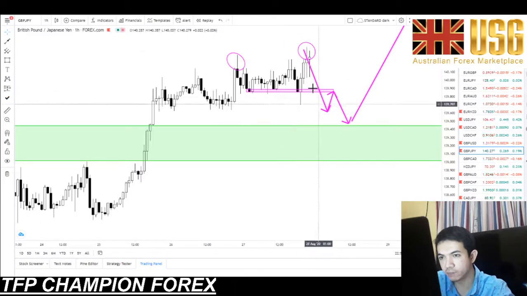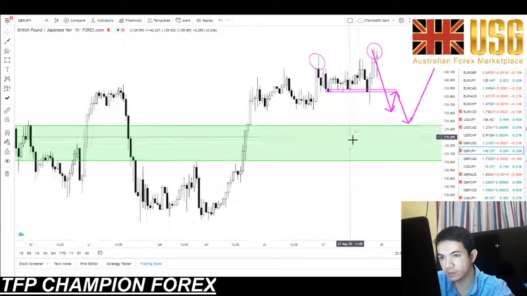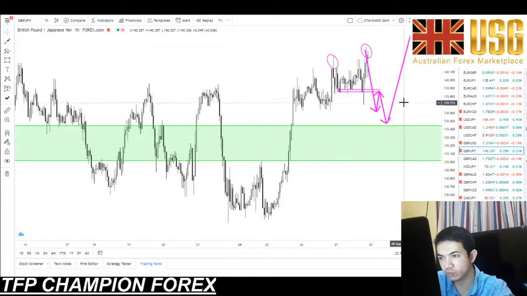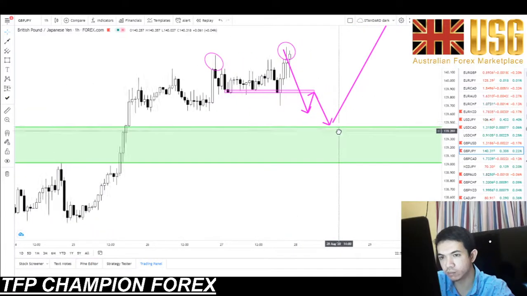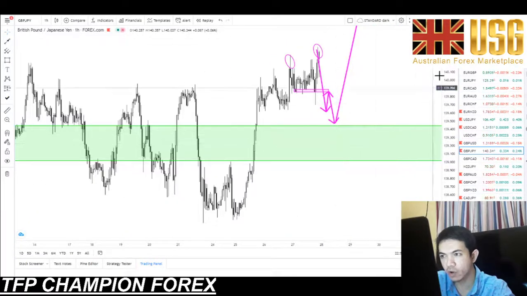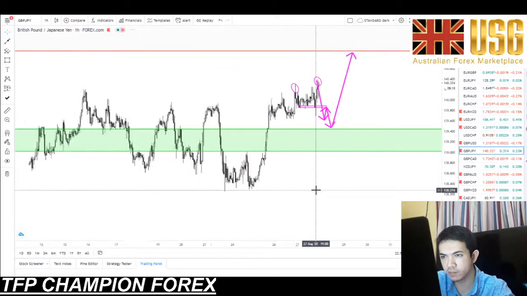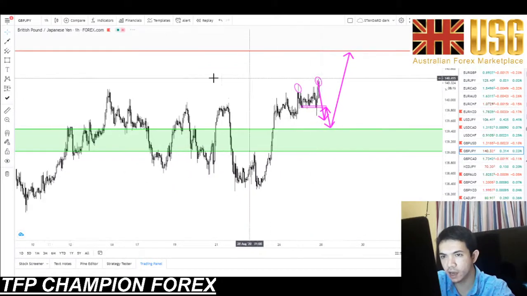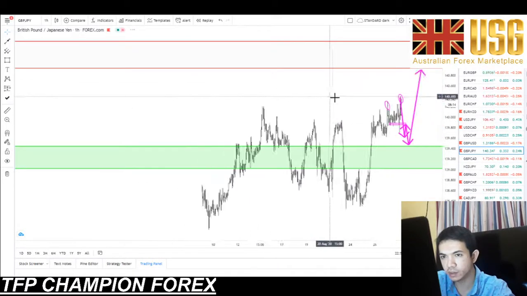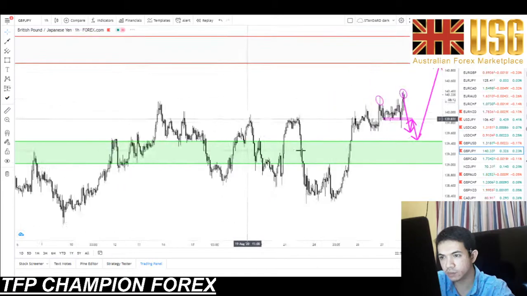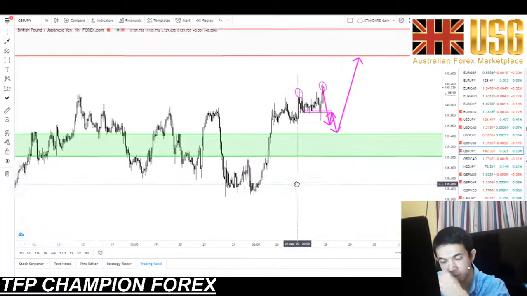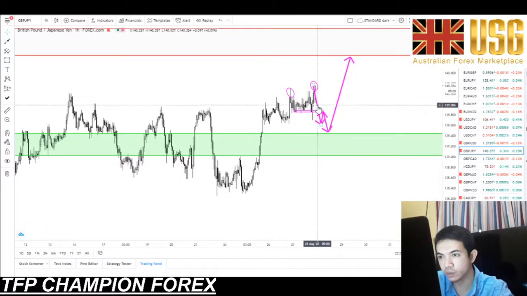Right? I want the price to react to this level or zone prior to going up. Because what? From a market structure perspective, we already have a higher what? The price, what did the price do?